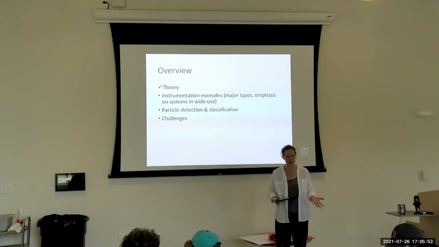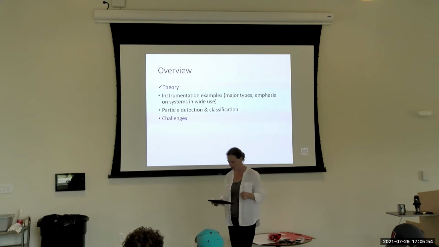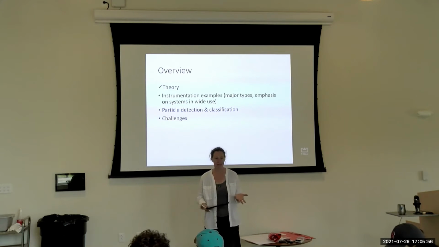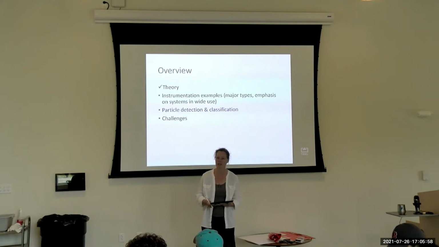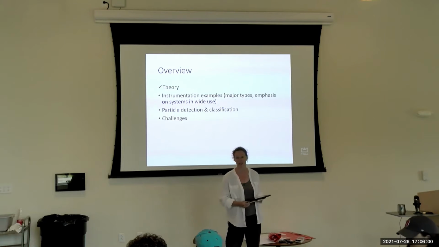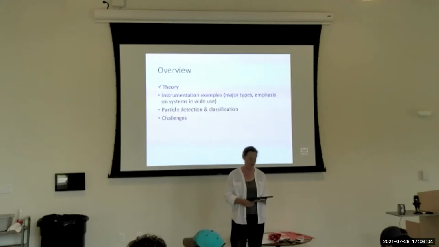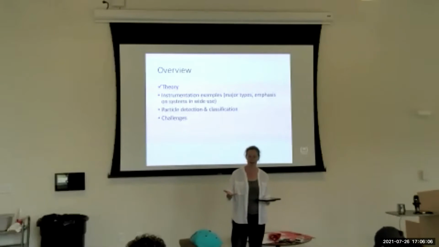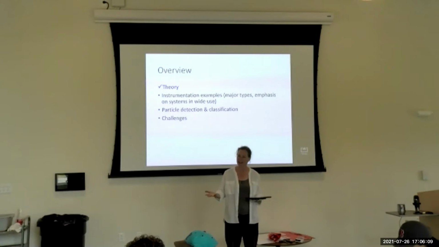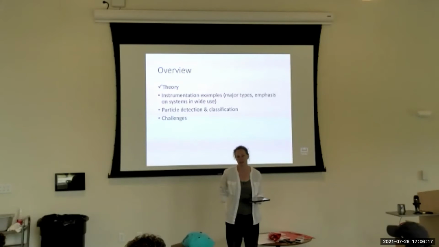So now what I'm going to do is spend a little bit of time talking about some examples of the instruments that are in common use, ones that you will run into in the literature and maybe are using yourselves, and think about how they are calibrated, what kinds of data we get from them, et cetera. And then we'll talk a little bit about particle detection and classification schemes and some of the challenges that are still remaining.